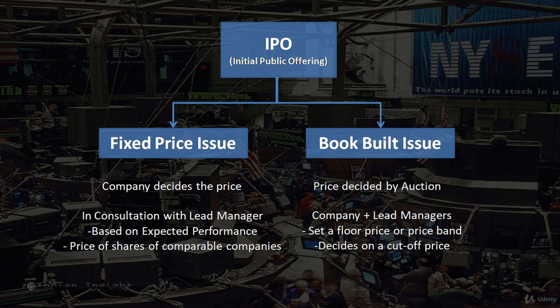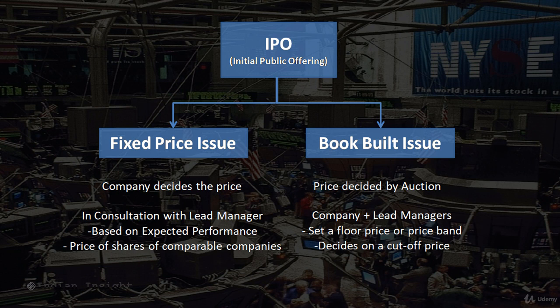Alternatively, the issuer may specify a price band, that is a minimum and maximum price within which the investors can bid. When the issue opens, the investors place a bid price and a corresponding bid quantity. This bid price is required to be above the floor price or within the price band.